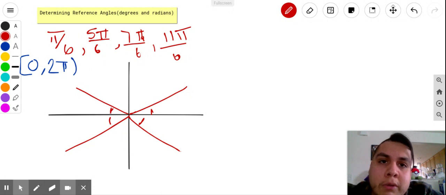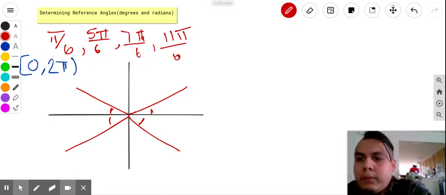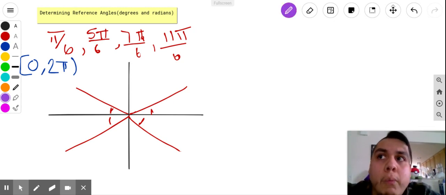The reference angle is telling me how far off the x-axis these angles are, and all these angles are pi over 6 radians off of the x-axis. So, if you notice, right here, if you look at the numerator, all these numerators are 1 away, give or take, from getting to a whole number pi, right?